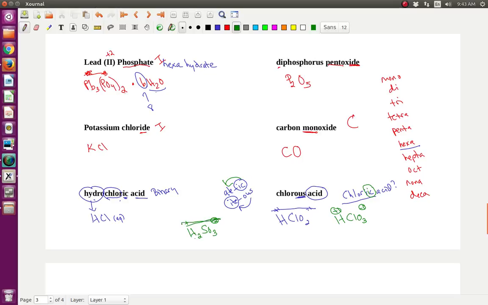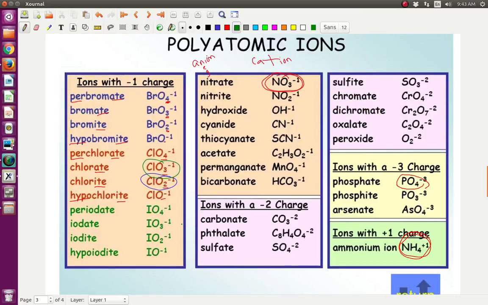So this acid, H2SO3, well, what is SO3? Sulfite. So there's SO3, it's sulfite, ate ic, ite us, ate becomes ic, and ite becomes us. This is an ite, so instead of sulfite, if I had H2SO3, it would be sulfurous.